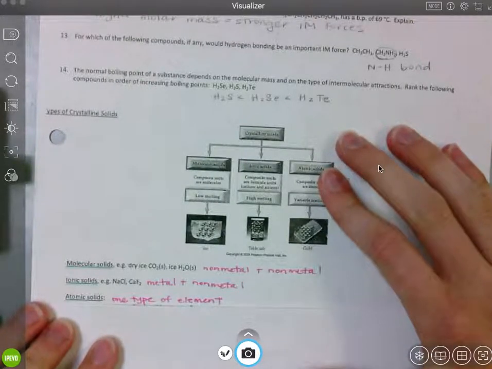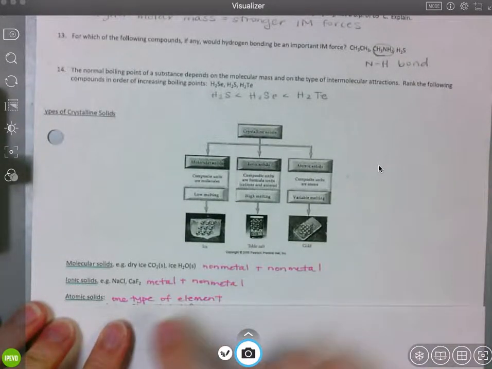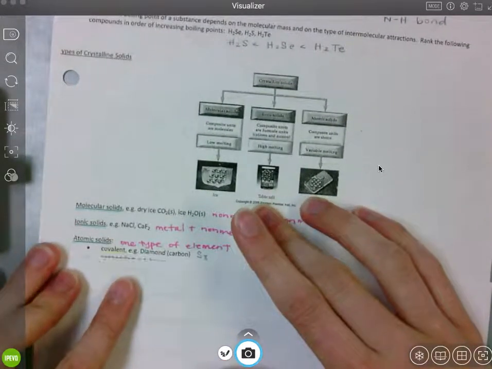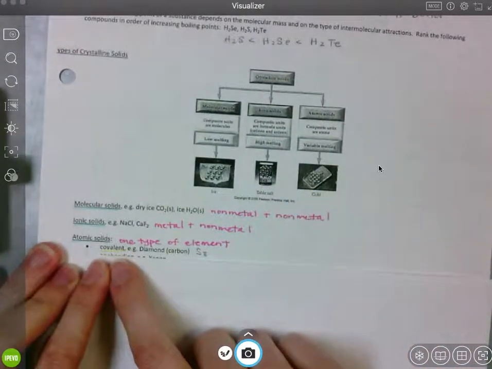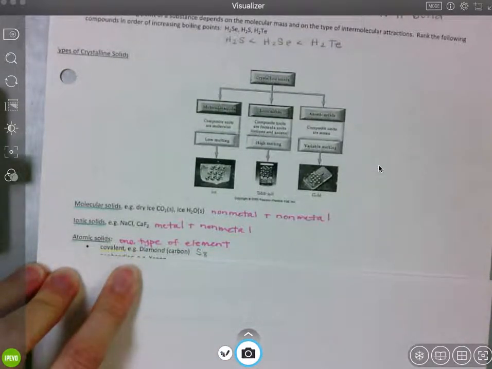And then atomic solids, we're looking at one type of element that's bonded to itself, with forces holding it together. Our first one that we're going to be looking at is covalent. These are nonmetals.